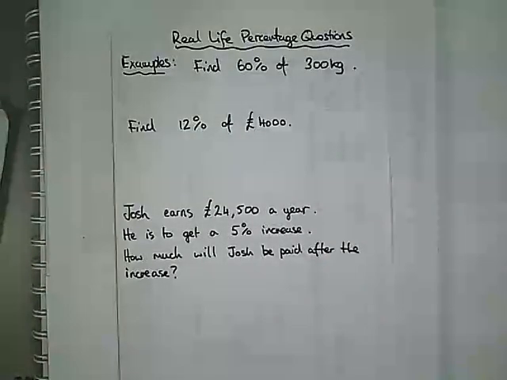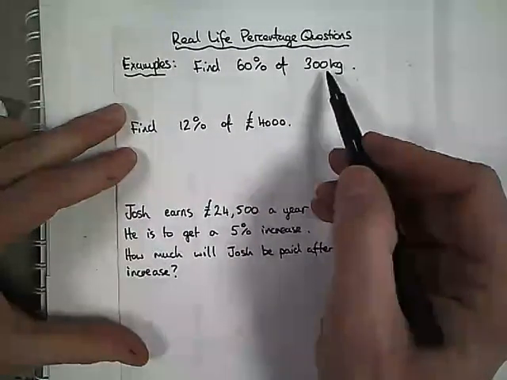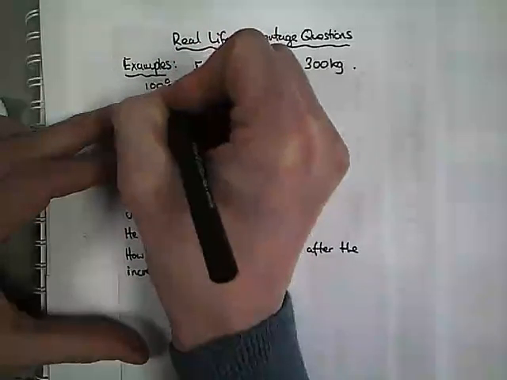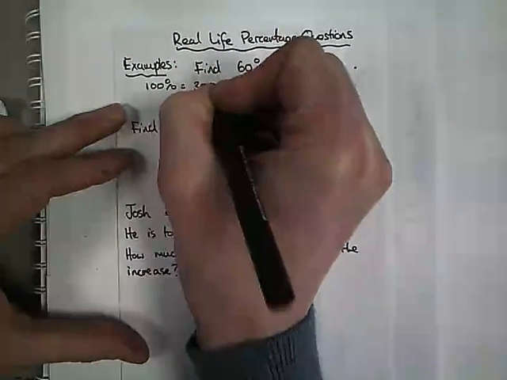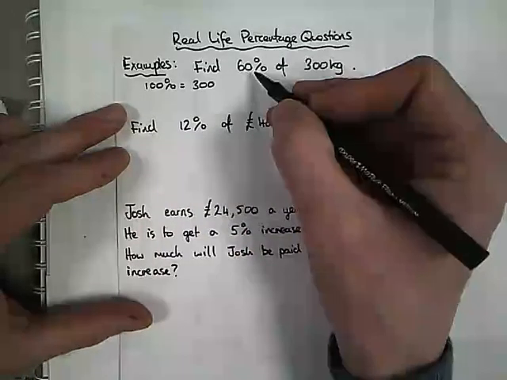So looking at this first question, I want 60% of 300 kilograms. My first step would be to take my 300 kilograms, because my 300 kilograms is 100%. Then I'd try and figure out a nice percentage that I can make up to my 60%.